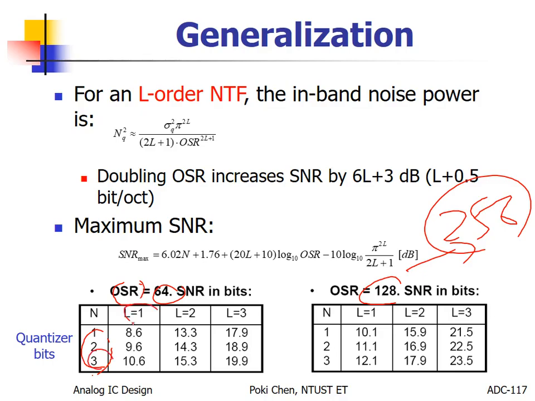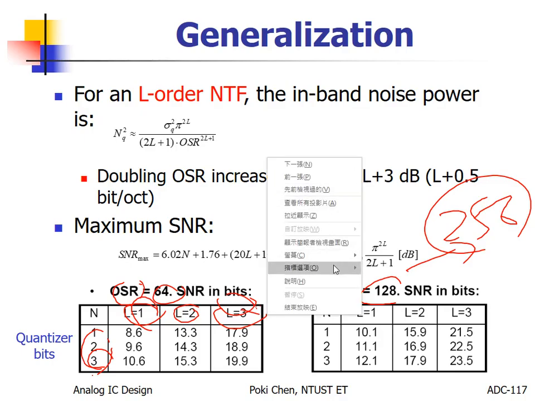Okay, and how about L? The order of your delta modulation. The first order, the second order, and the third order. Okay, I told you it is possible, but very hard for new designers.